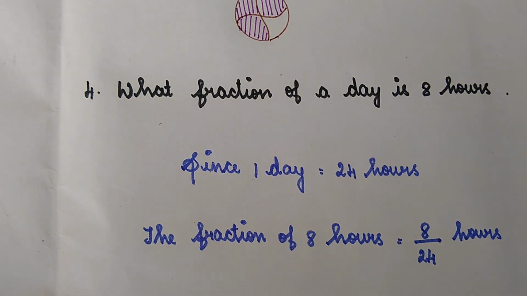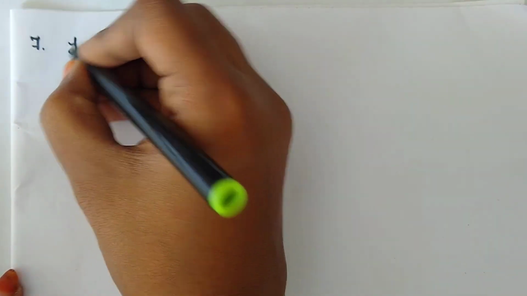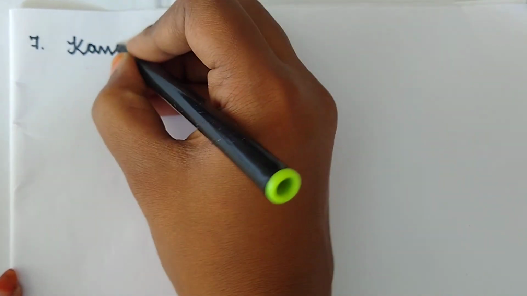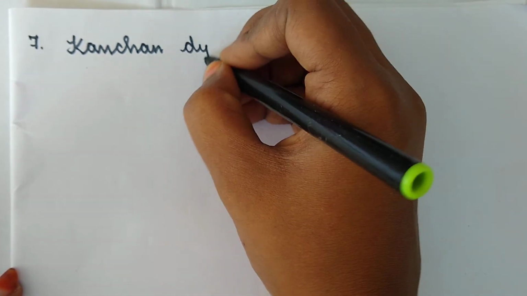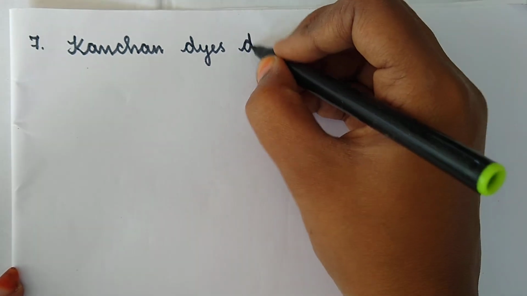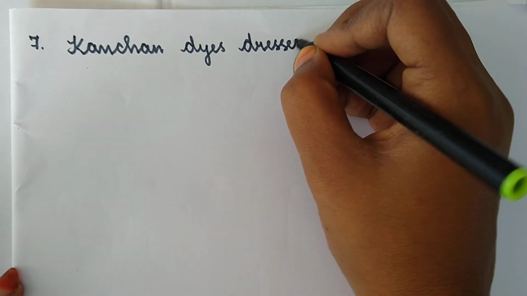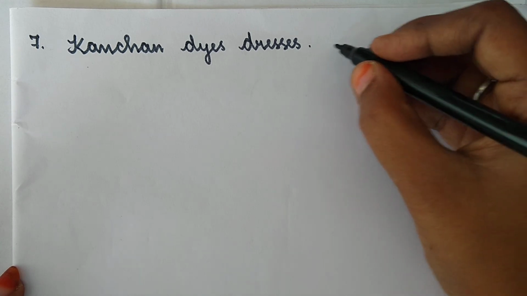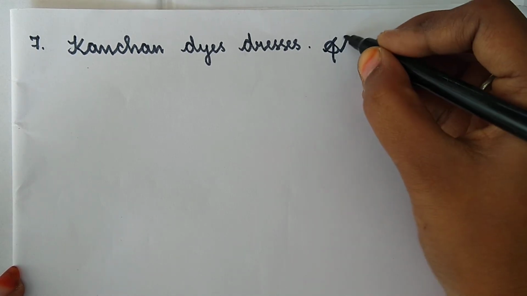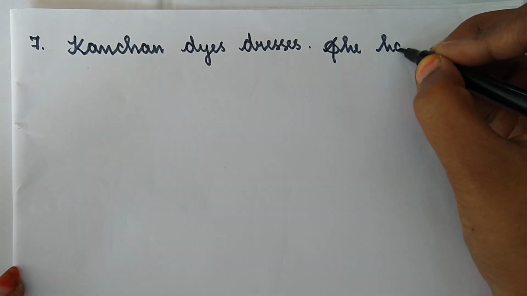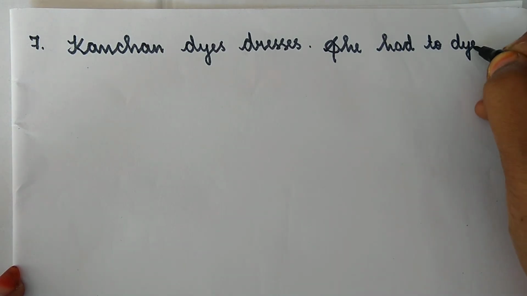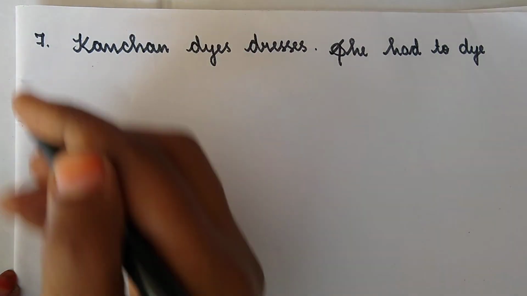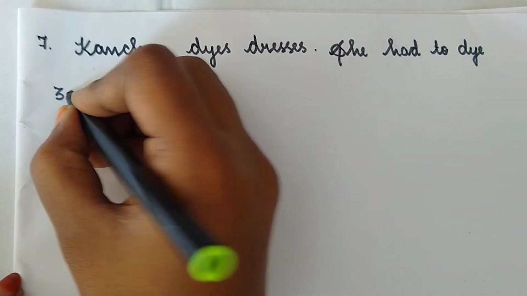Next we move to the seventh sum. Take down the seventh sum. Kanchan dyes dresses. She had to dye 30 dresses.